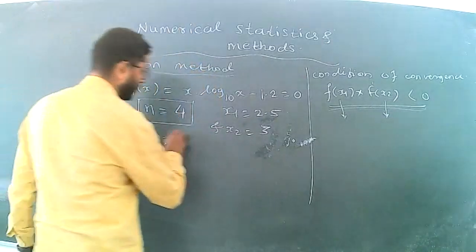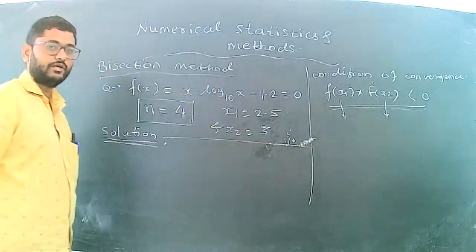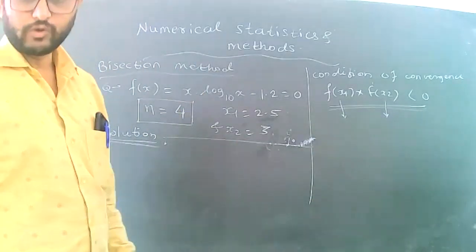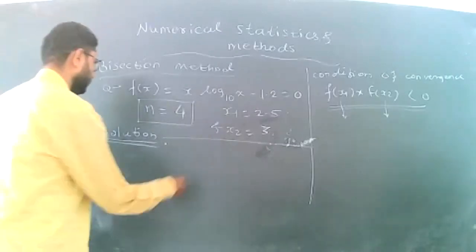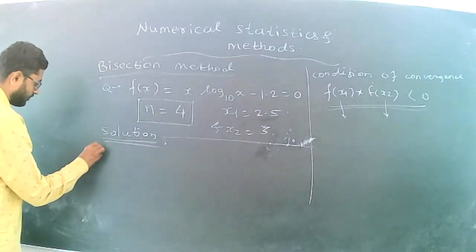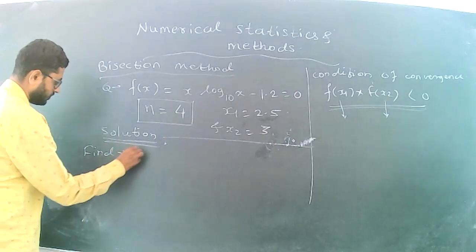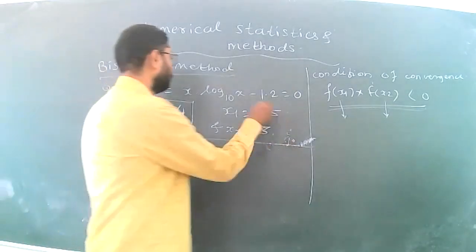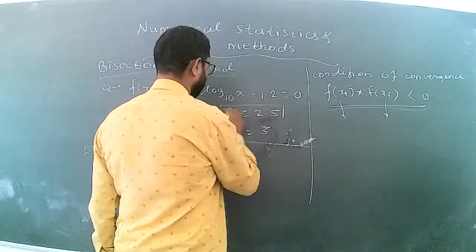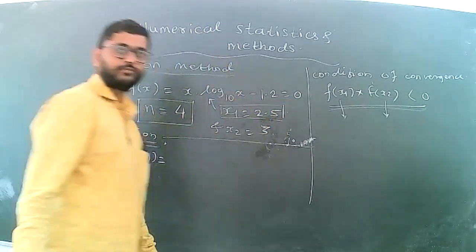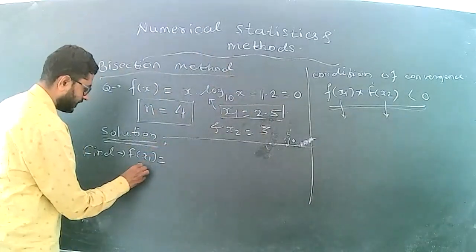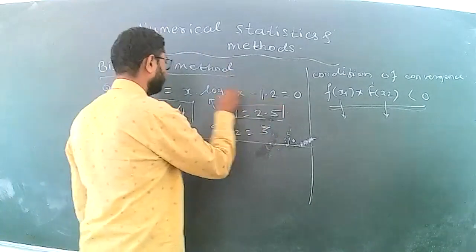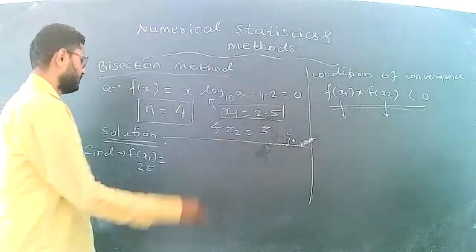So first find f of x1. We consider the initial guess x1 as 2.5 and x2 as 3. To find f of x1, we put x1 equal to 2.5 into the function equation.